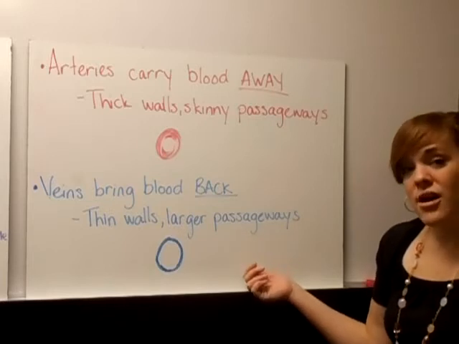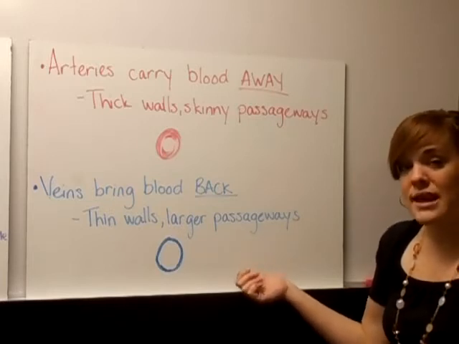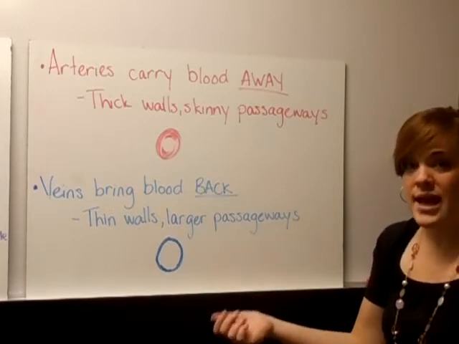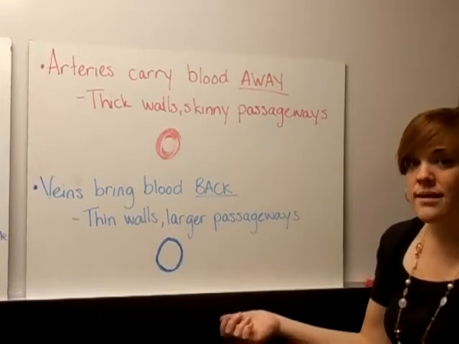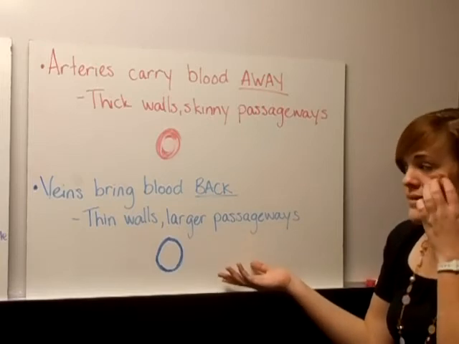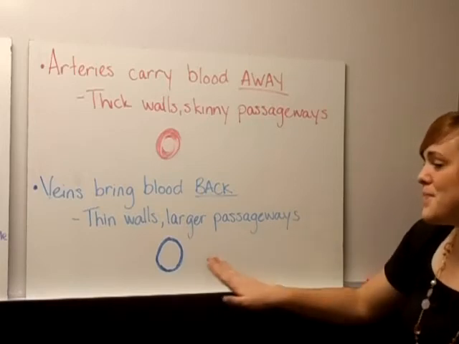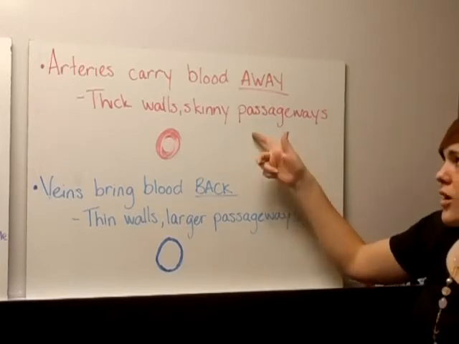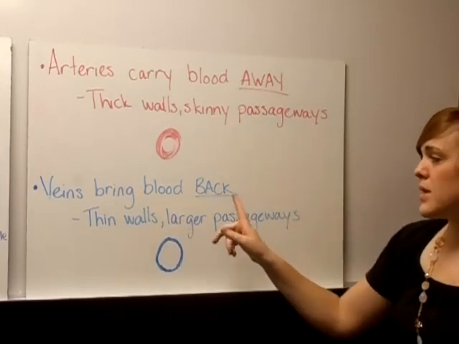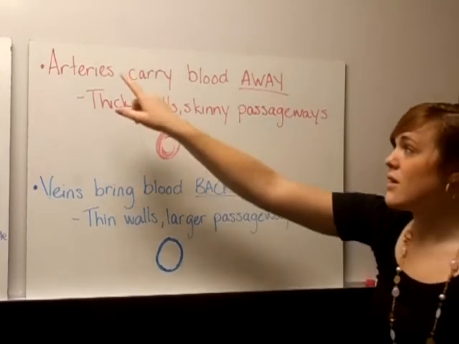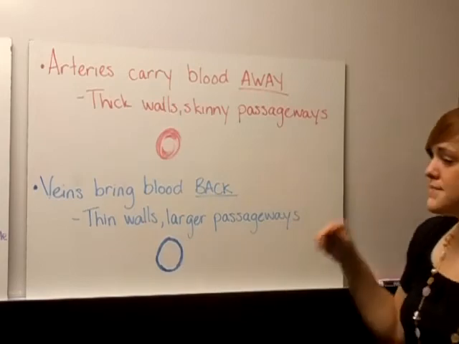When it's coming back to your heart, it's a much darker red because it's given away a lot of the oxygen it had. So it is a much darker red, almost purpley, not blue. But that's why. So remember, arteries away, veins bring blood back. You need to stop and write down what an artery does and what a vein does.